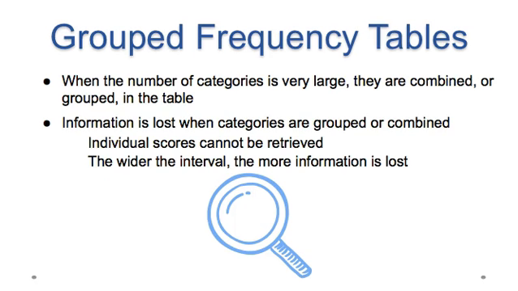The main advantage is that you can quickly organize and summarize large sets of data using these tables. The main disadvantage is that individual data are lost when categories are grouped. The individual scores can't be retrieved.